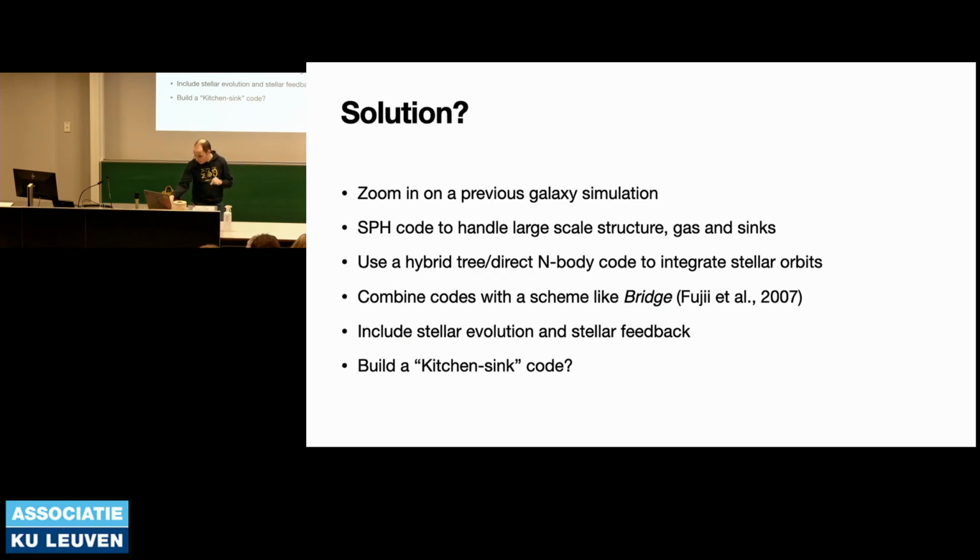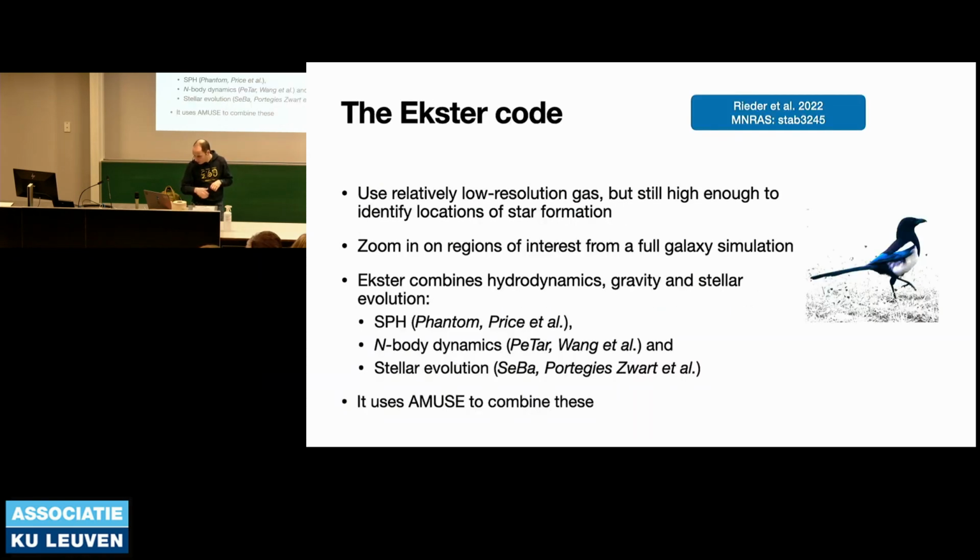Stellar evolution and feedback is a sort of wish list. So I developed the Ekster code for this. The name comes from the bird, the magpie, which is known for taking nice things, collecting them and putting them in its nest. It's sort of what I'm doing here.